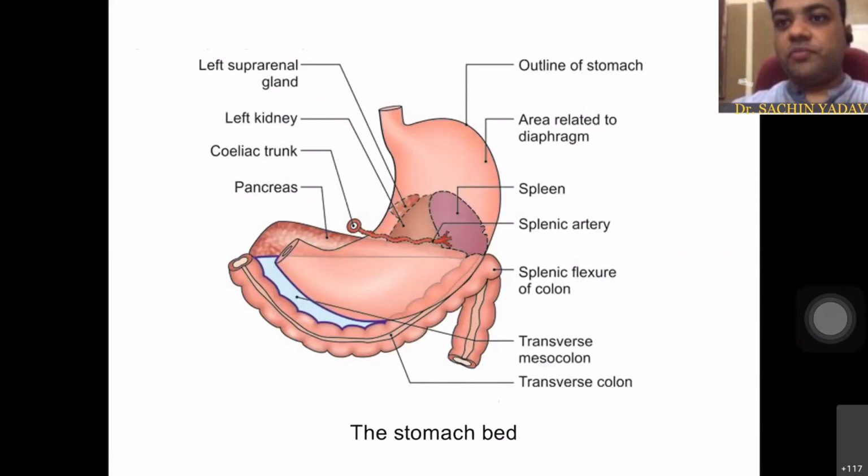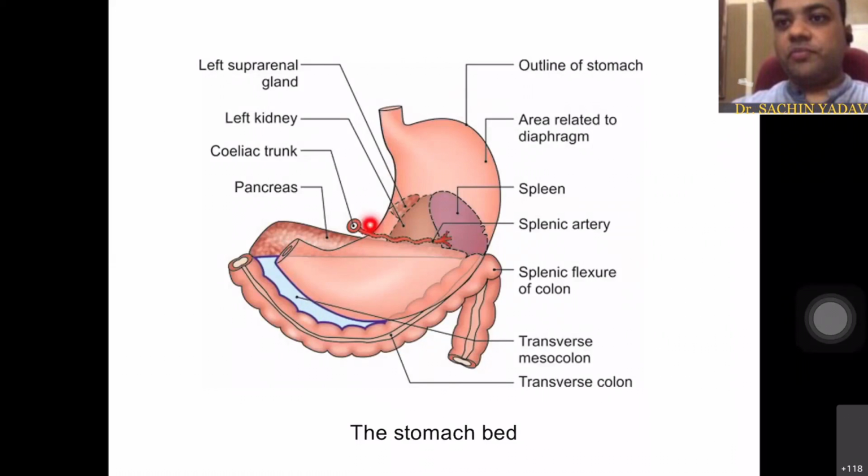Also, during the session on the peritoneum, I told you about the various peritoneal folds. The most important were the lesser omentum and the greater omentum. The lesser omentum, a peritoneal fold, is attached to the lesser curvature up to the first part of the duodenum.